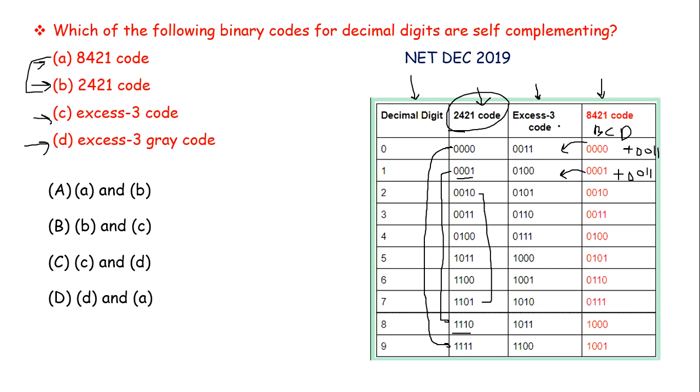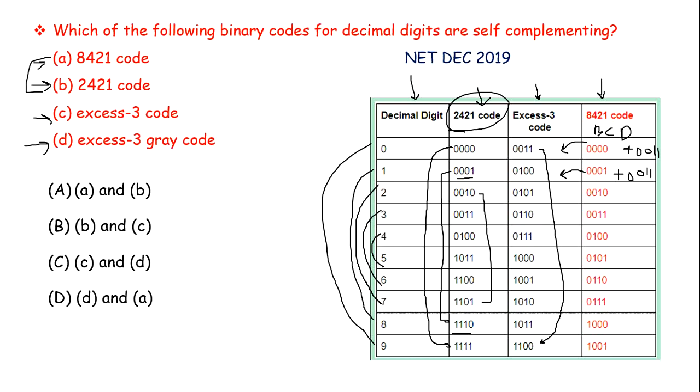If we check the XS3 code, again it is a self-complementing code. You can check 0 with 9, we are just changing 0 to 1 and 1 to 0. So it is like this. This will be our pairing.